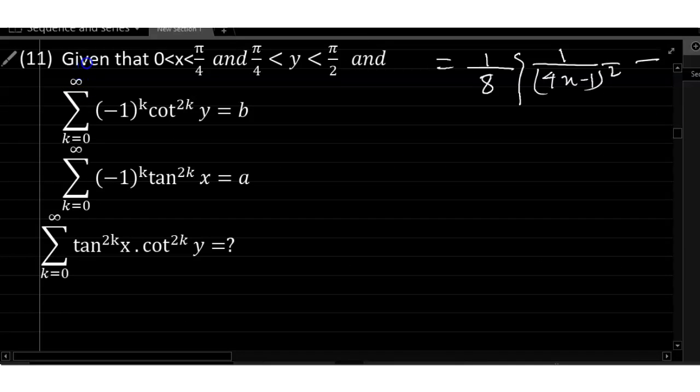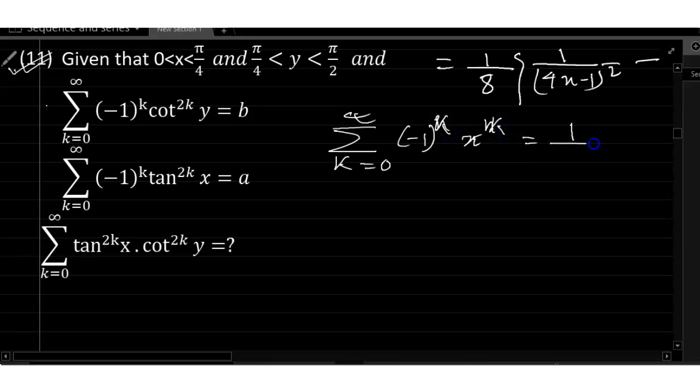Now friends, the next problem is number 11. So obviously we know the sum over k equals 0 to infinity of (minus 1) to the power k x to the power k equals 1 by (1 plus x).